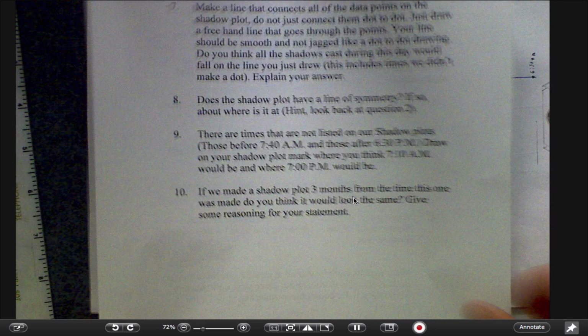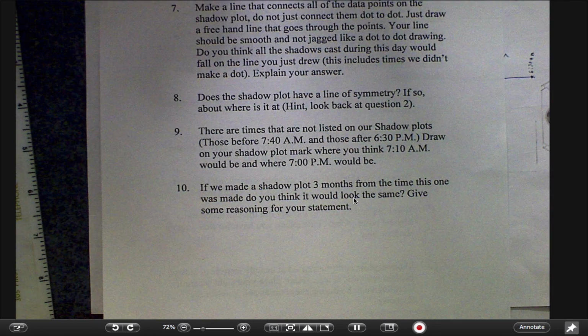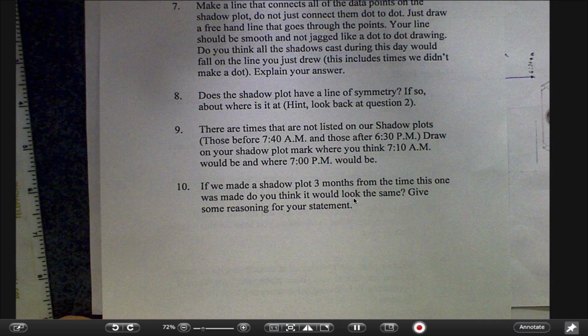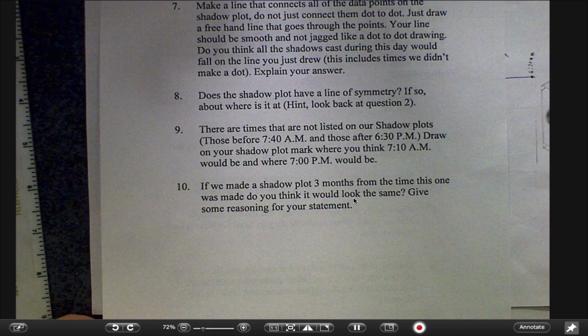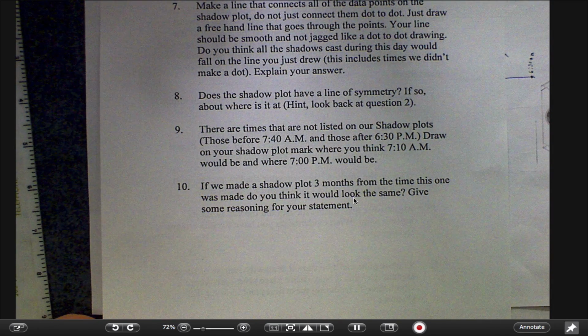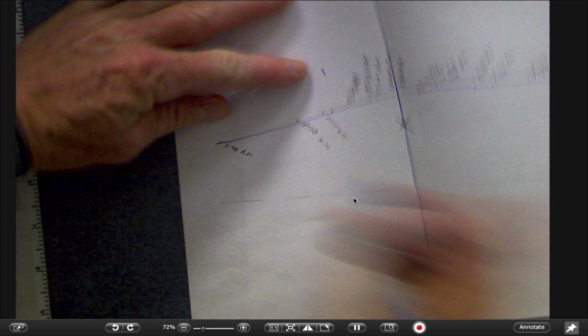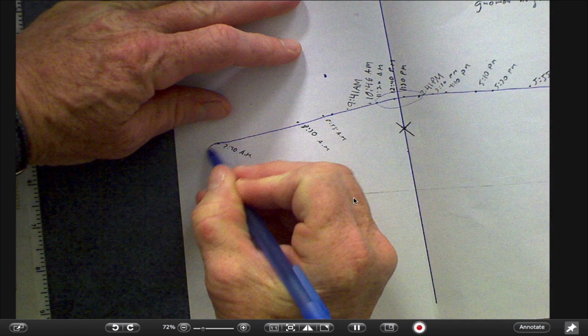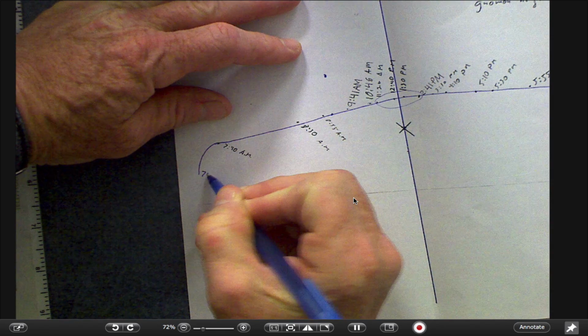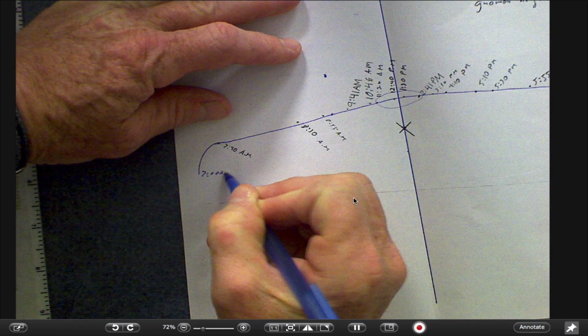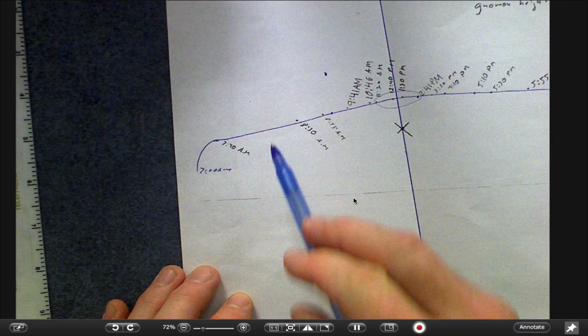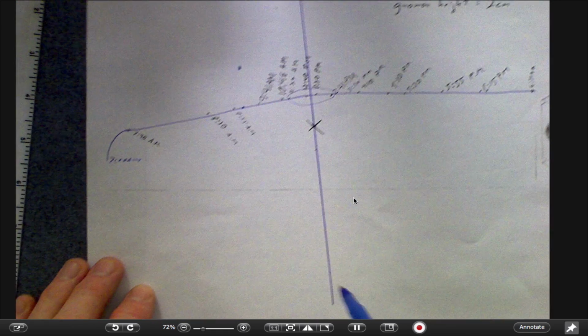And then it said there are times not listed on the shadow plots, those before 7:40 and after 6:30. Draw on your shadow plot where you think 7:10 a.m. would be and where 7 p.m. would be. What we wouldn't want to do is come down like this and say that's 7 a.m. Sometimes people like to do that because they think of the sun coming up, but that doesn't make sense with our line.